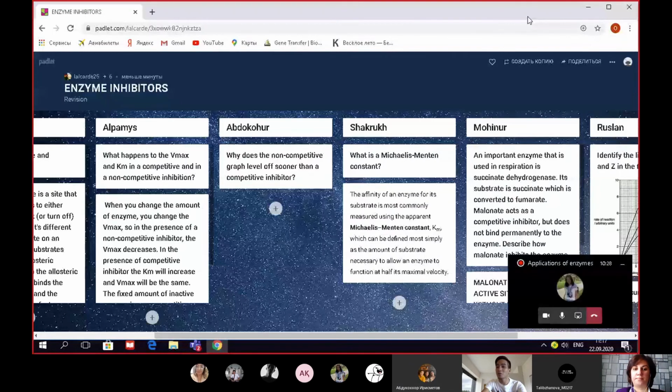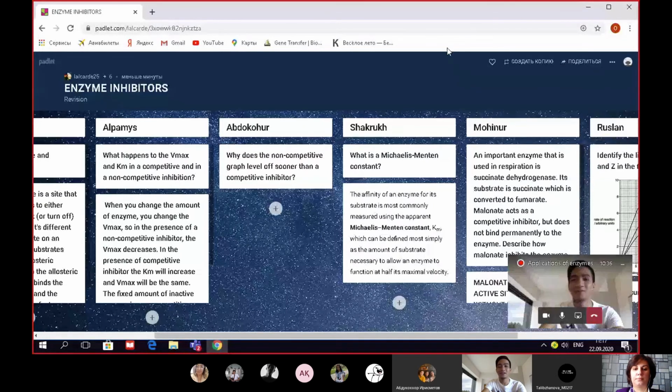So it has something to do with whether the inhibitor binds permanently or temporarily to the enzyme. Think of a non-competitive inhibitor. Does it bind permanently or temporarily? So that's the reason why it levels off sooner than a competitive inhibitor.